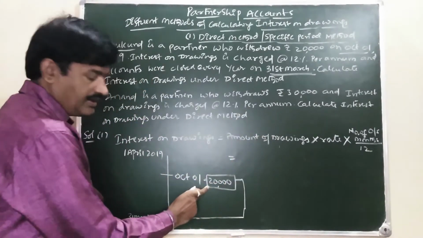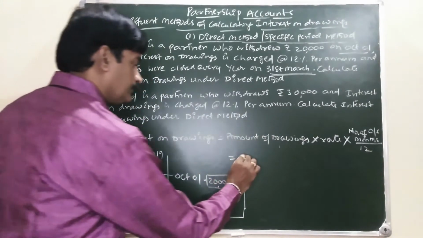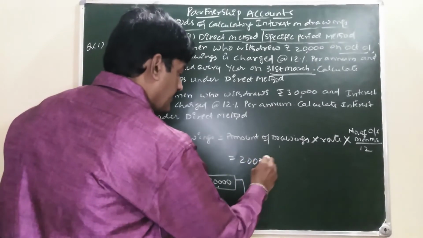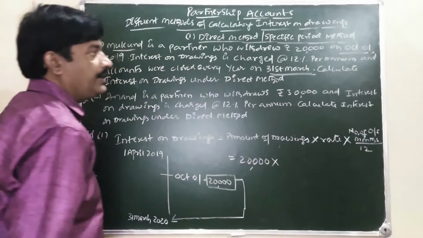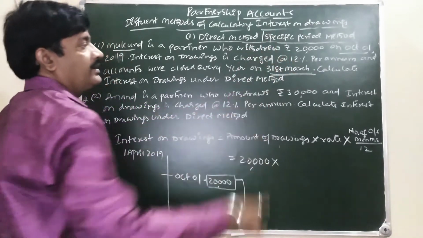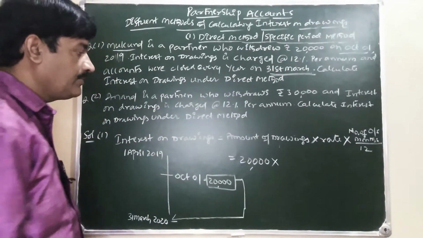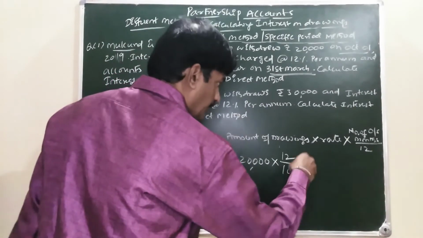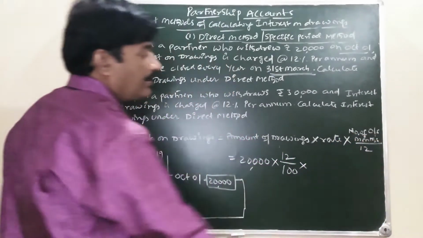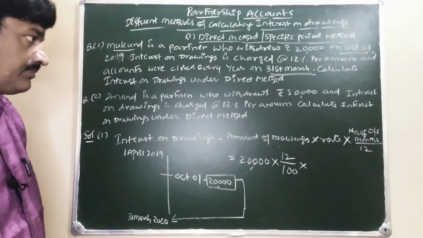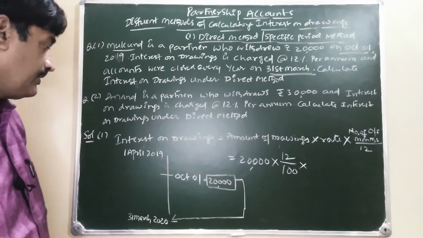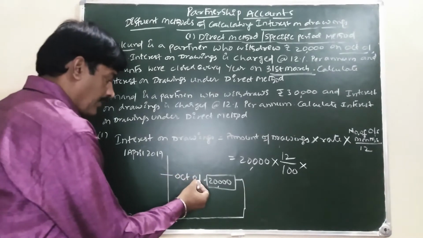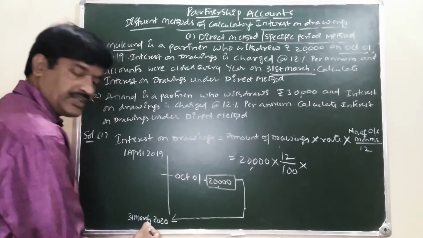How much amount of drawing? 20,000 into rate. How much rate is given in the question? 12% per annum. 12 by 100 into number of outstanding months. These months are counted from withdrawal date to 31st March.